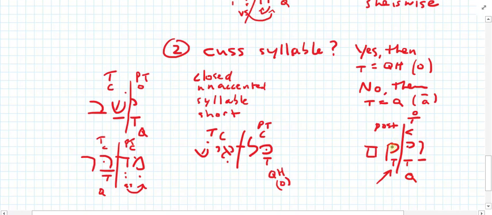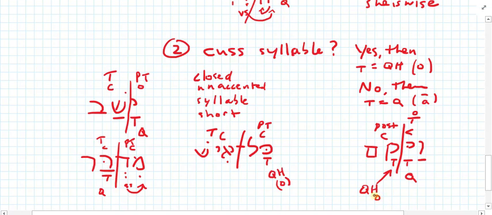But now look at this one. I have a qof, a vowel, and a mem. That is a closed syllable, and it's post-tonic because the tone is over here. If the stress for the tone is before this syllable, then this syllable is not being stressed. So it's closed and it's unaccented. Is it in a qas syllable? Yes. Then I'm looking at a qames-hatup right here.